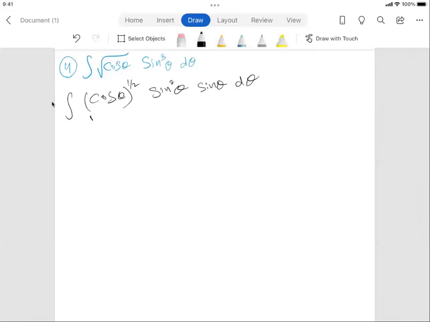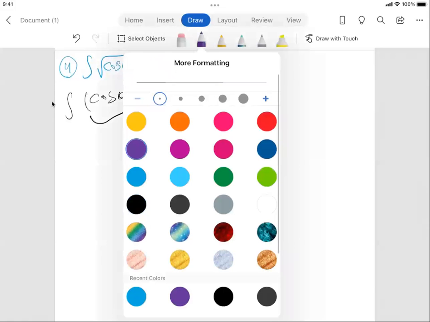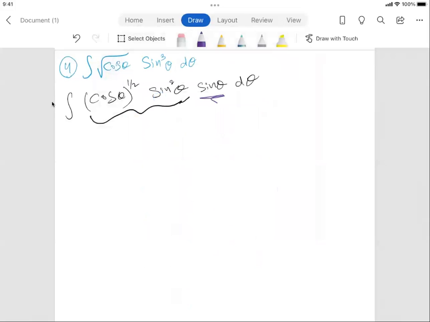Again, I'll try to put all this in terms of cosine so that I will have the remaining term as sine, and derivative of cosine is negative sine, so that I can integrate. Substitution for a sine is easy. So it will become cosine of theta to power 1/2.